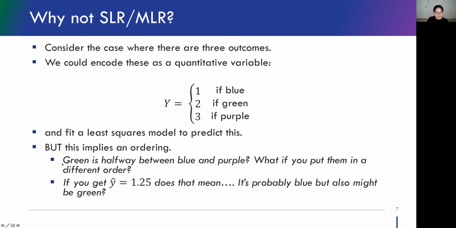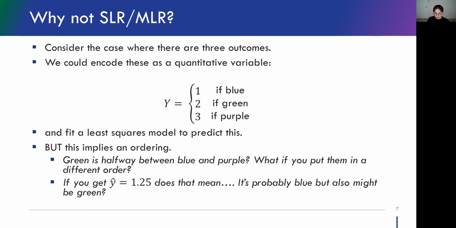It implies that green is halfway between blue and purple. What if you put them in a different order? So the order is misleading in terms of determining the color.